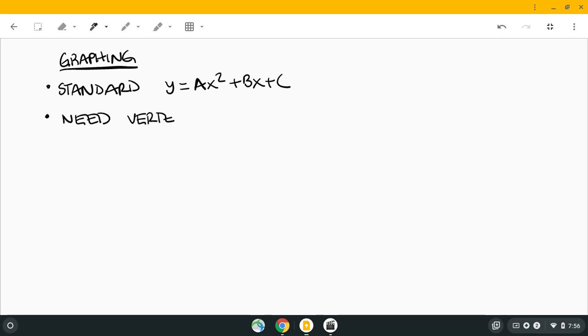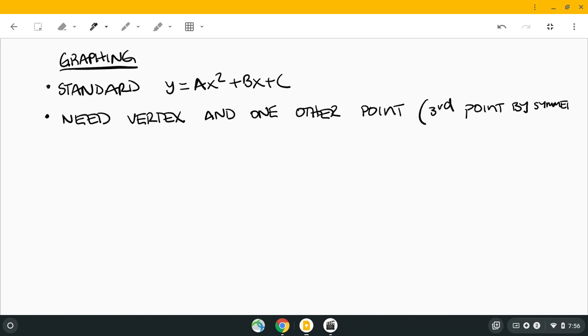In order to graph this, we need the vertex and one other point. And that's pretty much it. You'll get a third point by symmetry. So the third point we'll get by symmetry. So we need this formula, the vertex formula.